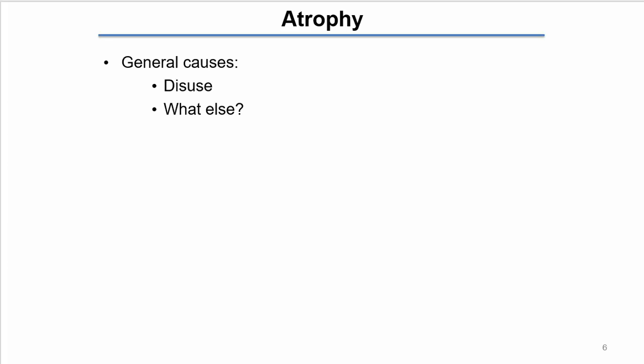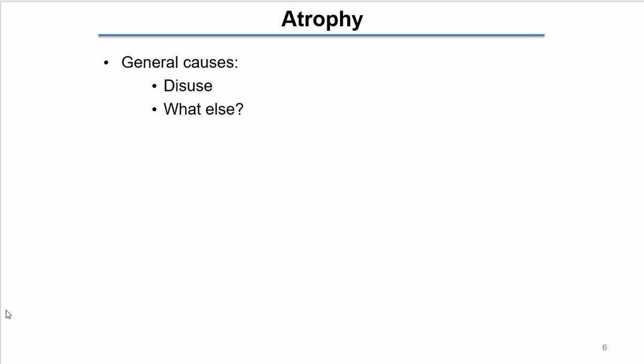Abnormal atrophy is when there's an abnormal stressor. And this all comes down to some sort of a loss of stimuli to the tissue that's involved. This could be disuse, because you're not stimulating it, because you're not using it, and that's the most common thing.